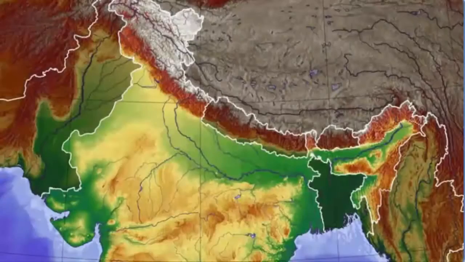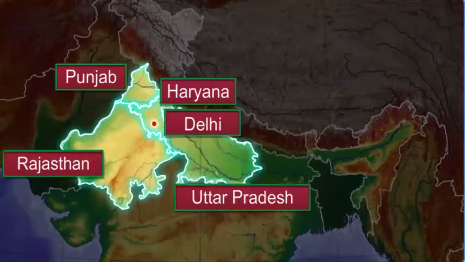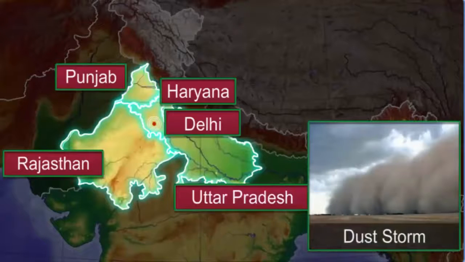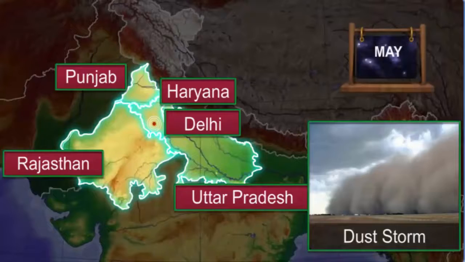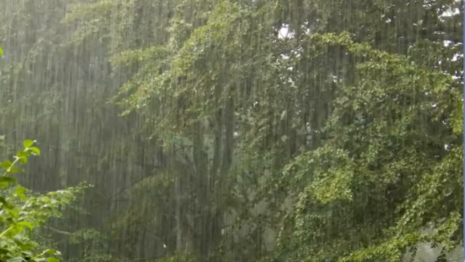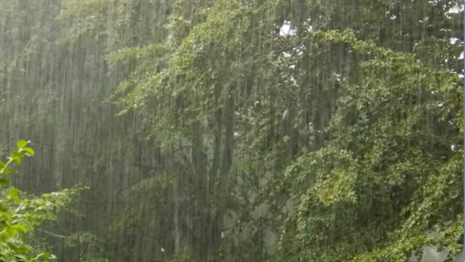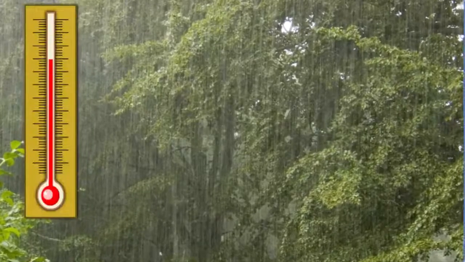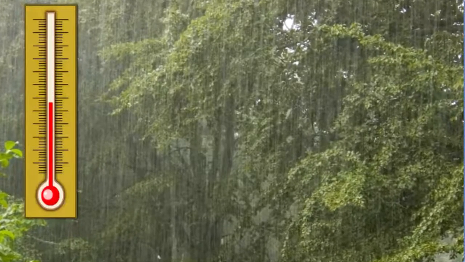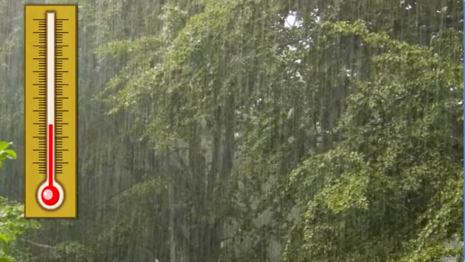In northern India, dust storms are also very common during the month of May. These storms bring temporary relief as they lower the temperature and may bring light rains and a cool breeze.